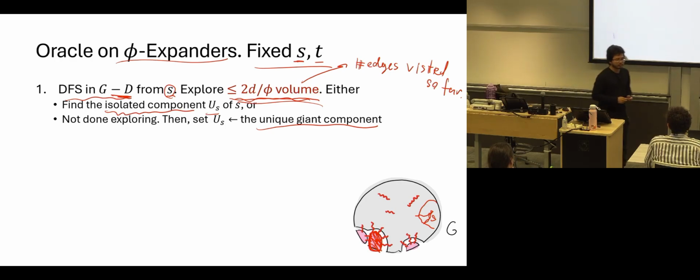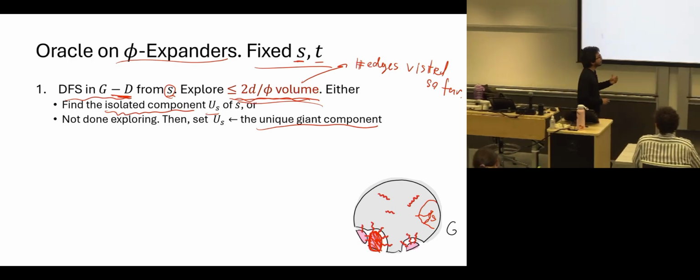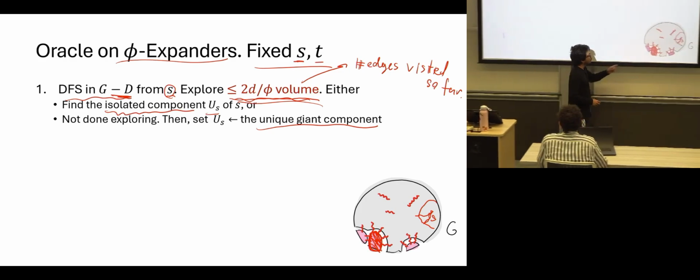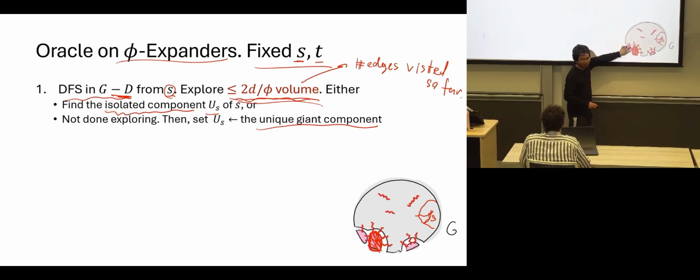We're exploring like 2D over phi volume. Is it to make sure we're in the big component, because it's bigger than half? If you start from the small component, you know this component has volume less than 2D over phi.